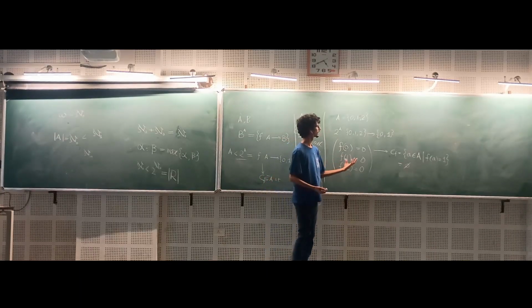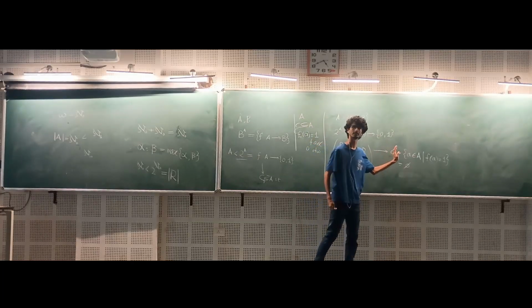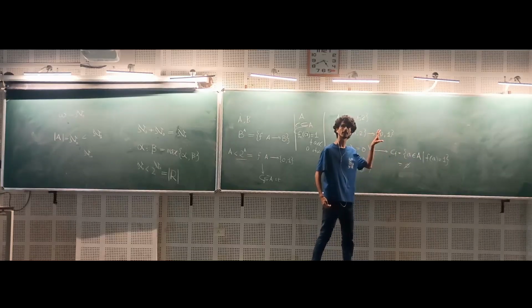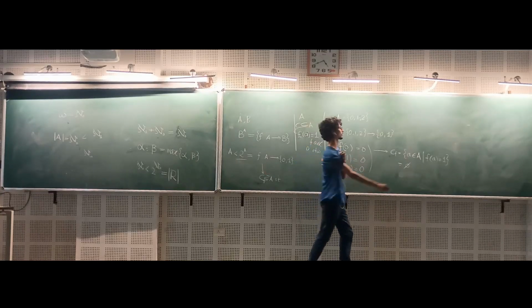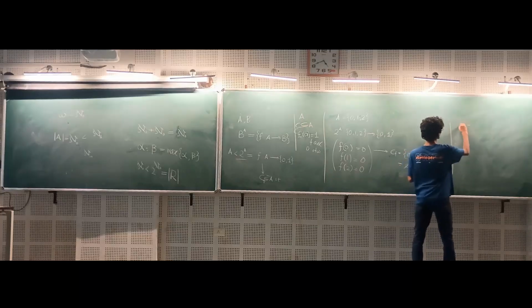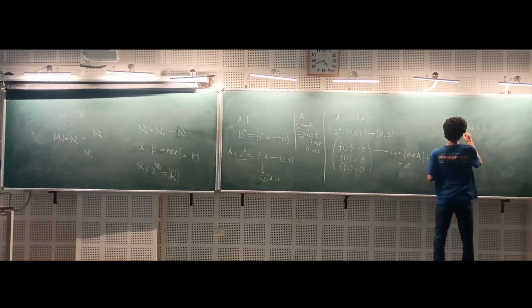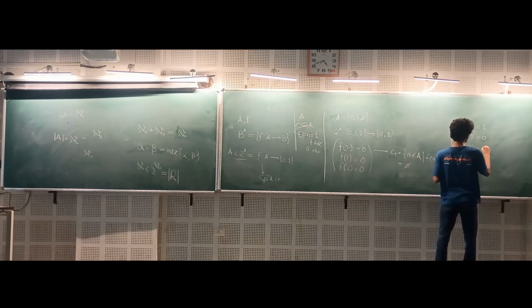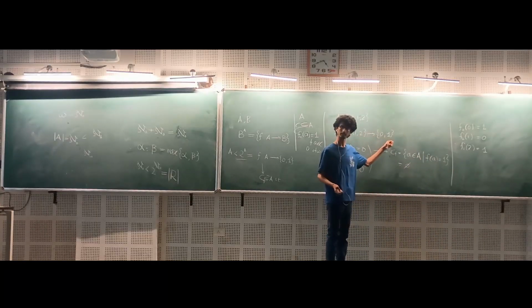So I am defining a bijection between these functions and these subsets of A. For every function, look at where it's 1 and collect that into a subset. Let's say I take another function, f2, where f2 of 0 is 1, f2 of 1 is 0, and f2 of 2 is 1. Again, this is a function from 0, 1, 2 to 0, 1.